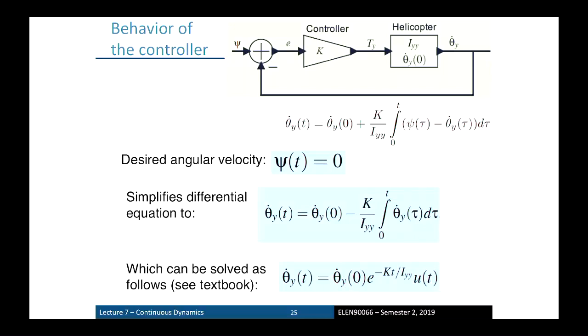So if k is positive, so that this term is still negative overall, then this decays away over time, and eventually this thing will decay to 0. Given an initial value and some decaying exponential, this thing will, over time, disappear. So it will go to 0 if and only if k is greater than 0.